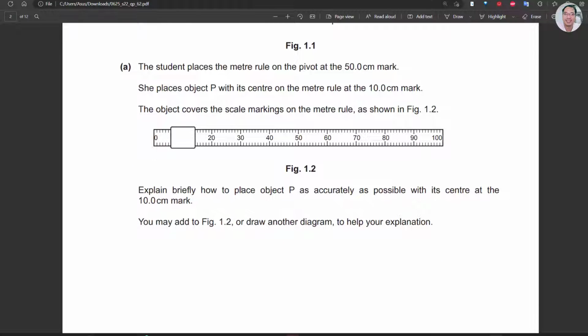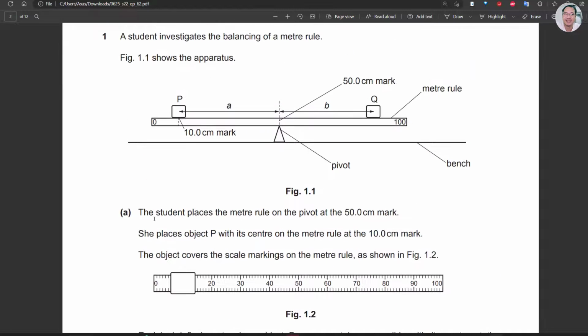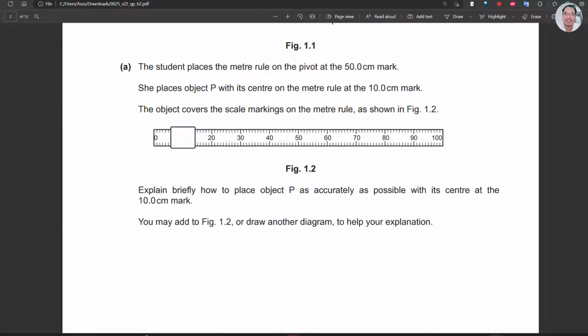Explain briefly how to place the object P as accurately as possible with its center at the 10 centimeter mark. You may add to the figure or draw another diagram to help your explanation. You may, which means you don't have to do that if you are confident about your explanation.